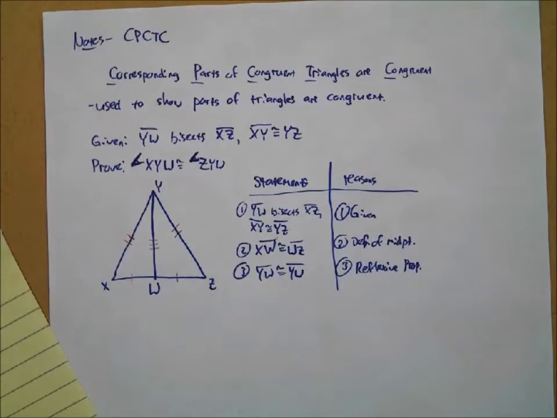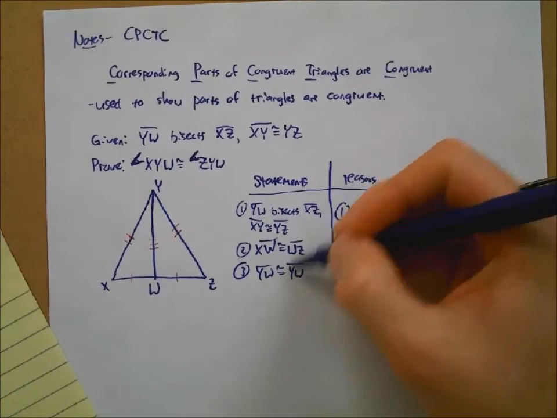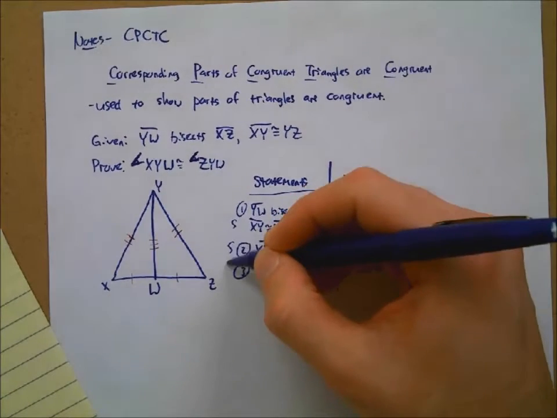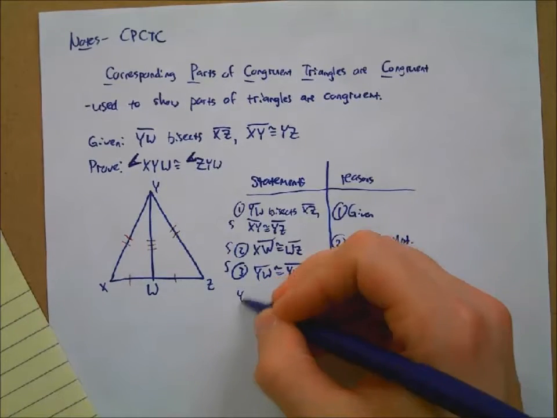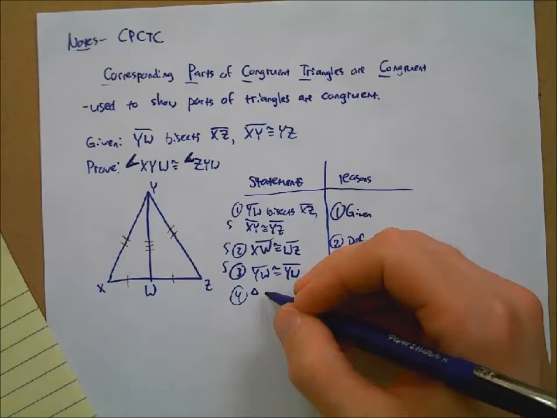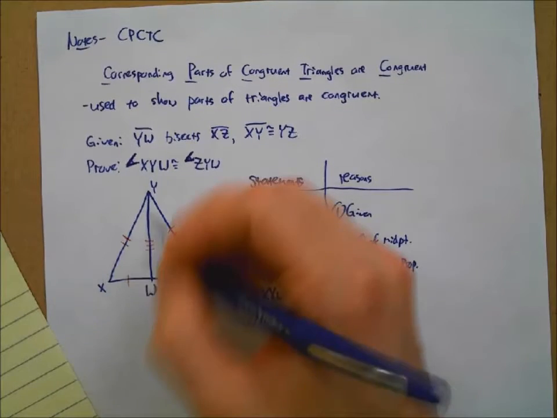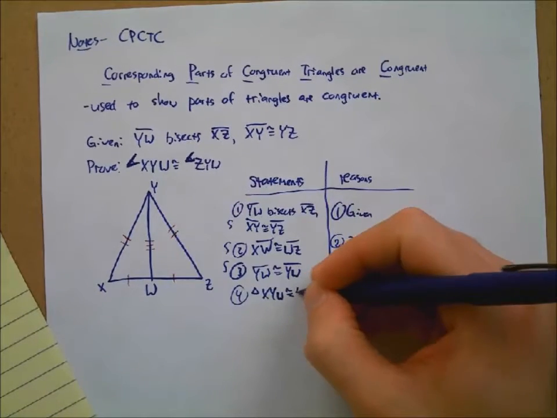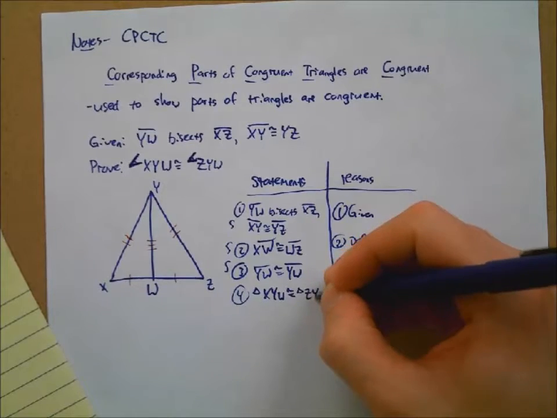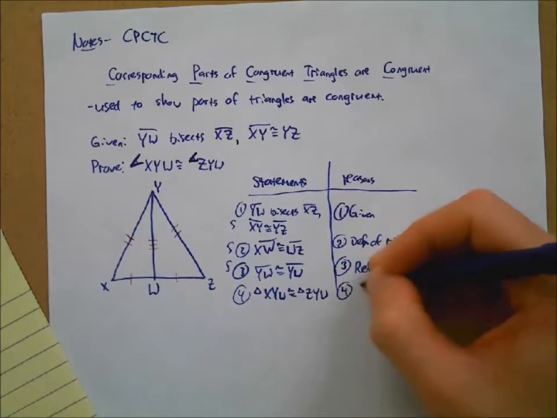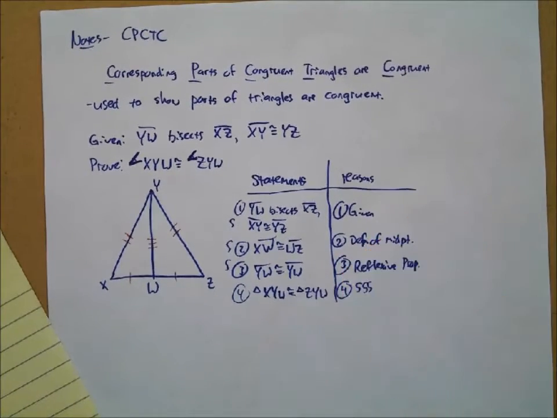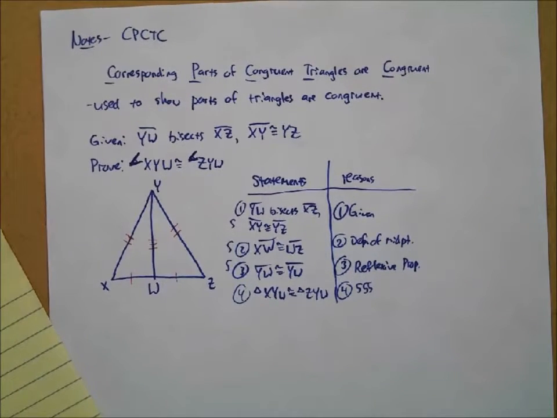Okay. And there are 3 side congruences right there. And so you can state the 2 triangles are congruent. So we'll say triangle XYW is congruent to ZYW by, like you said, side, side, side.